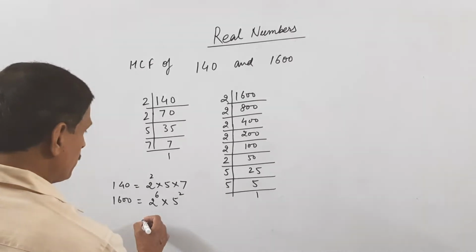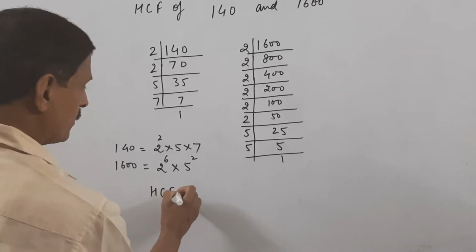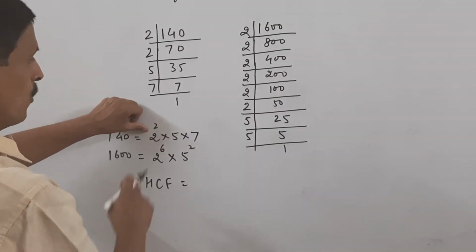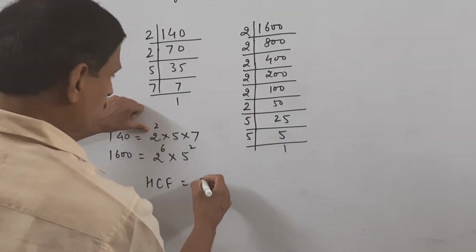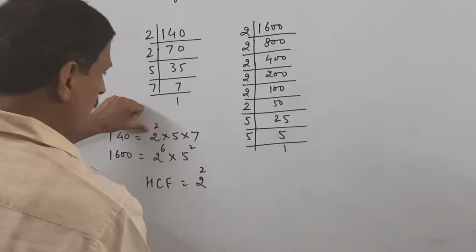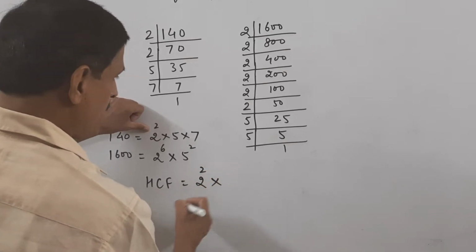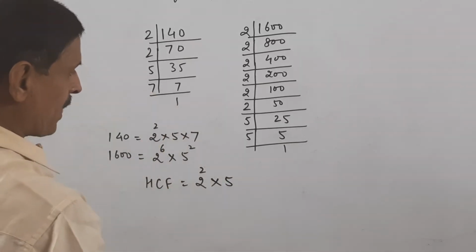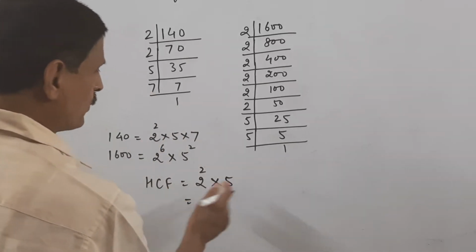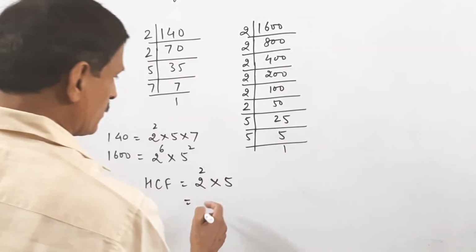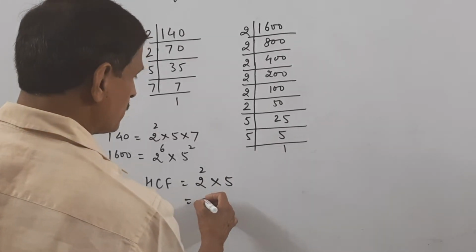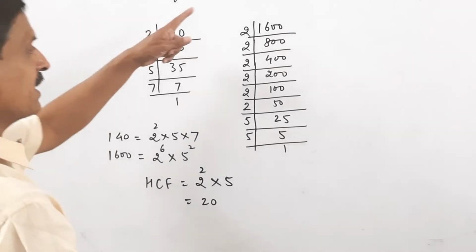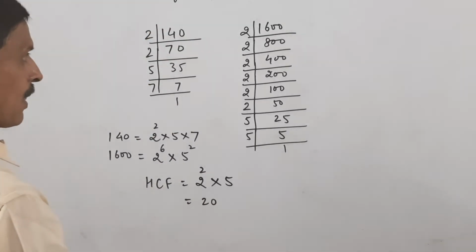For HCF, we select the common factor with the least powers, 2 square and 5, its exponent is 1, and the product of these two is 20. The HCF of the two numbers is 20.